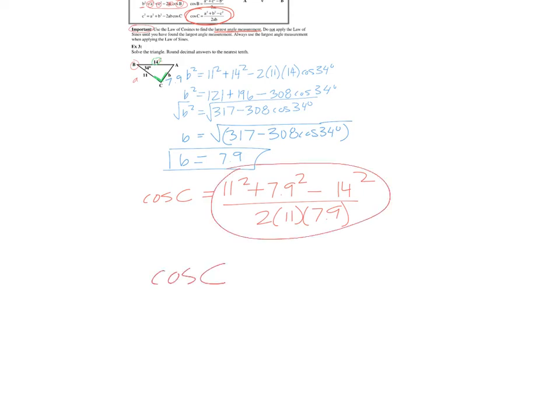So cosine of C is equal to, and I get negative 0.0724395857. Now you want to use as many digits as possible, because to isolate C, I'm going to take the inverse cosine of both sides.